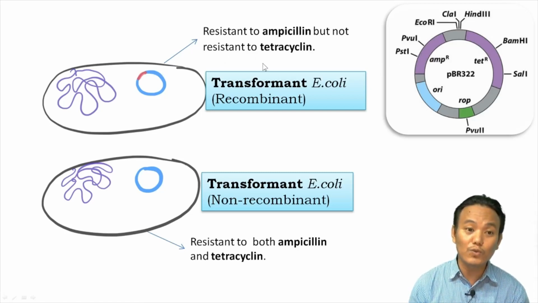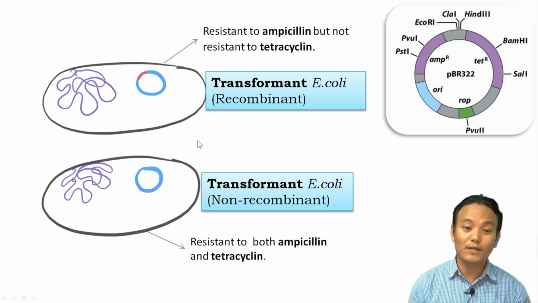So if we use tetracycline, the bacteria will die. On the other hand, the transformant bacteria which contain the non-recombinant DNA will be resistant to both ampicillin as well as tetracycline, right? So by using this particular feature of antibiotic resistance, we can select the recombinant from non-recombinant.